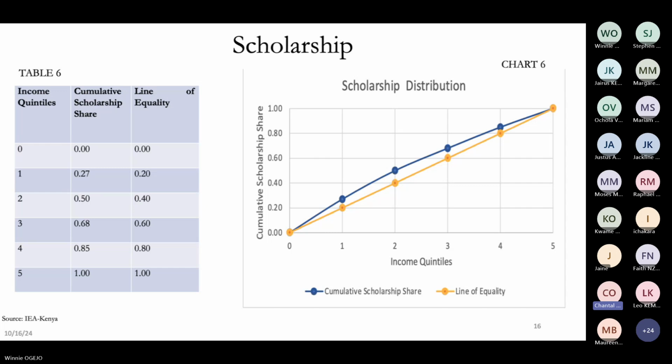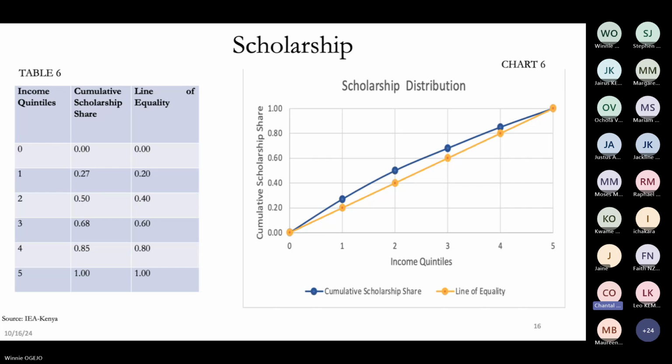The Lorenz curve appears above the line of equality, which implies that the scholarship is redistributed to low-income students from the higher income household students. This reflects a progressive approach to the distribution of scholarships under the new funding model.